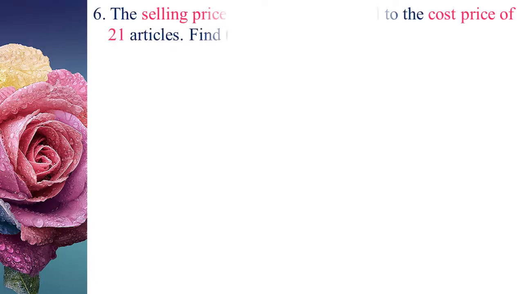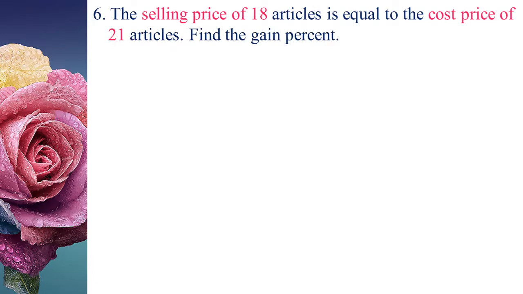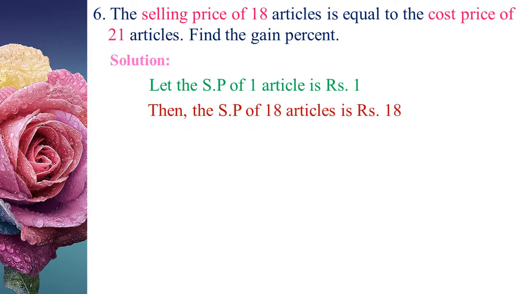Next problem. The selling price of 18 articles is equal to the cost price of 21 articles. Find the gain percent. Solution. Let the selling price of one article be rupees 1. Then the selling price of 18 articles is rupees 18. Children, what is given in the problem?